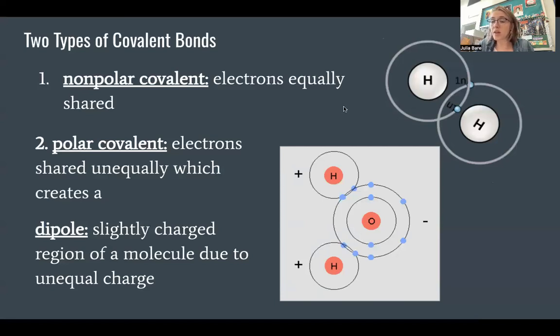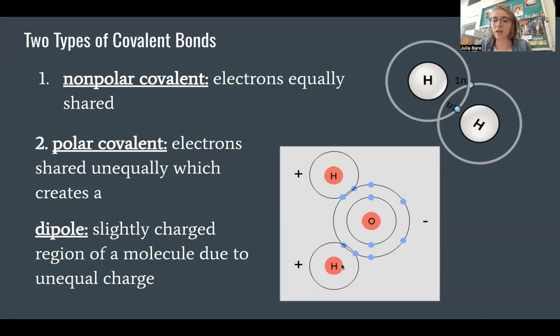But in the case where there is a big difference in electronegativities, for example, with water, oxygen is going to have a much stronger pull on the electrons, and hydrogen is going to have a very weak pull on the electrons compared to oxygen. Again, remember, this is about relativity. This is relative to each other.